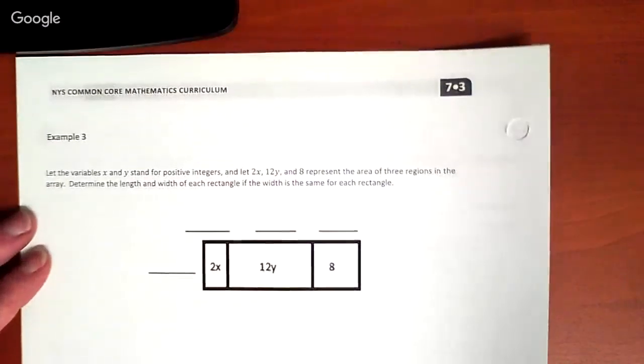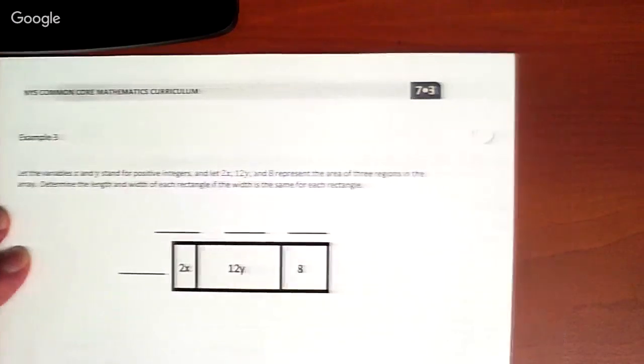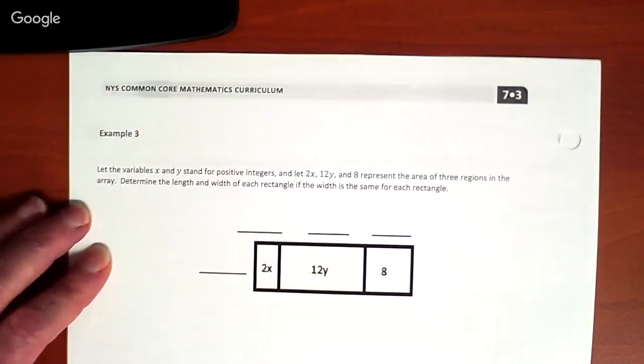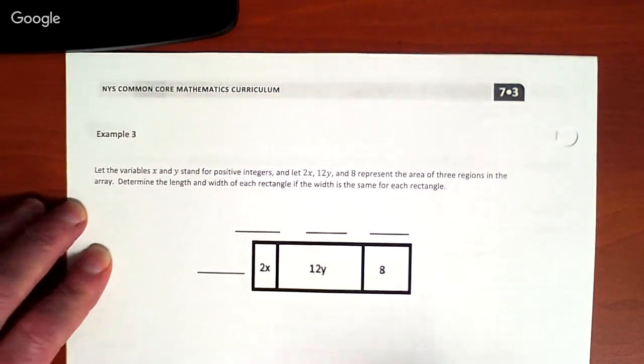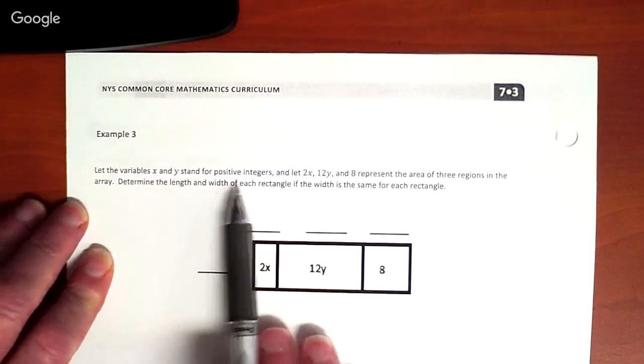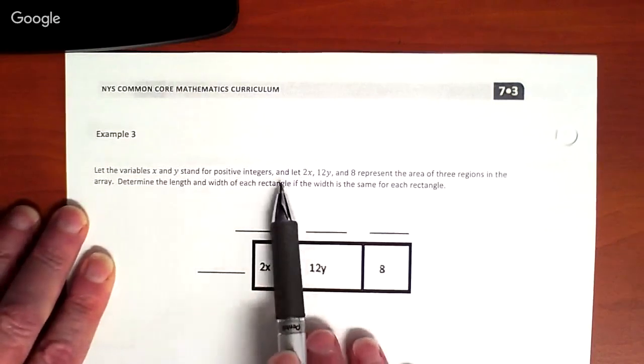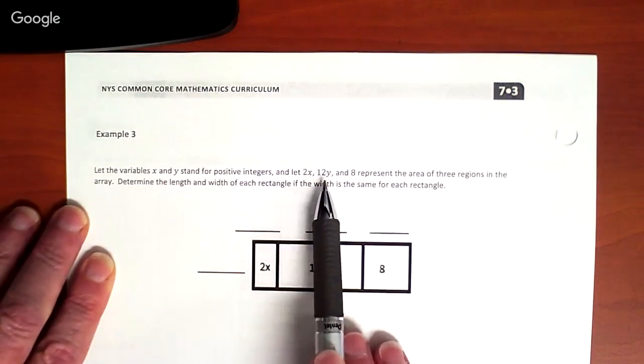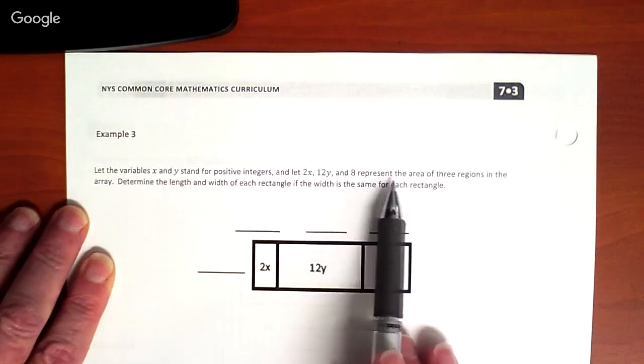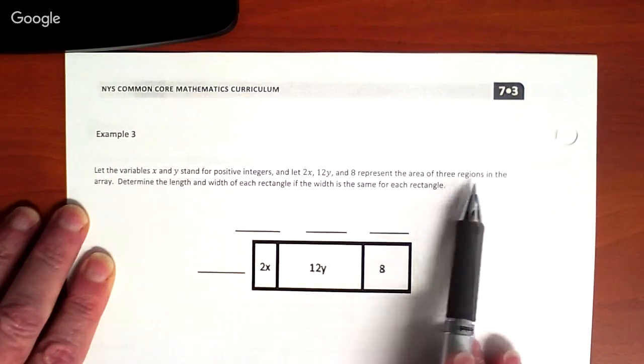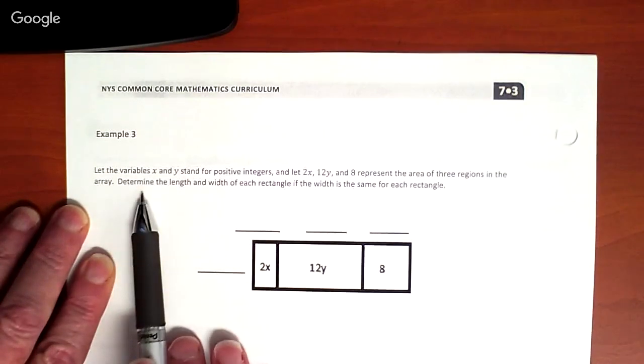Next, it says let the variables x and y stand for positive integers, and let 2x, 12y, and 8 represent the area of the 3 regions in the array.